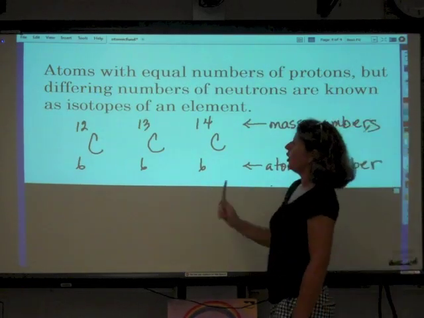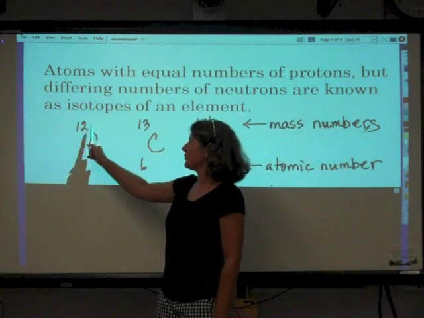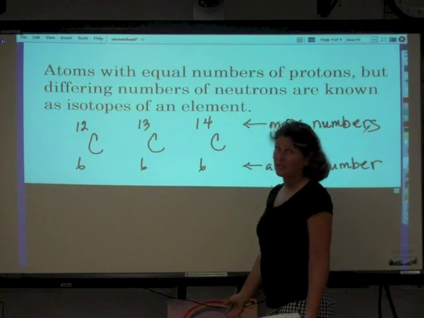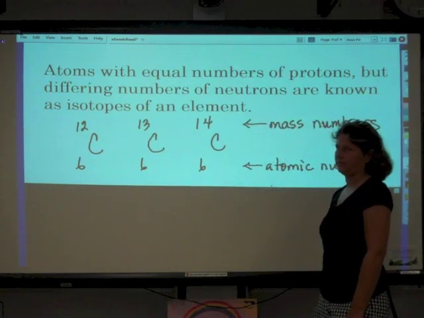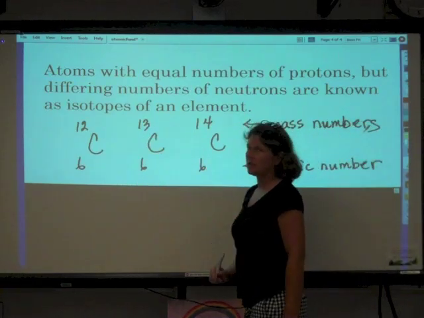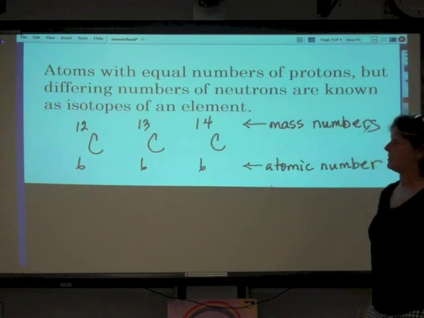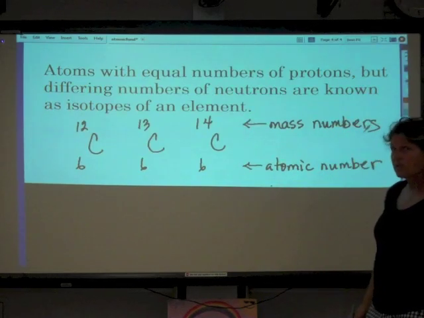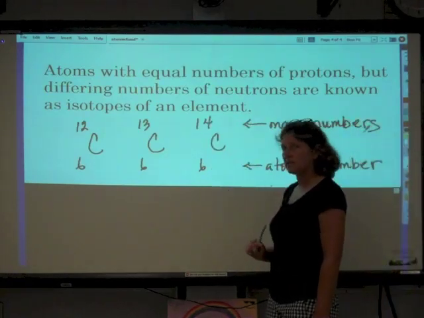Okay, so carbon 12, if we subtract 6 from 12, that leaves us 6. So carbon 12 has 6 neutrons. Carbon 13, 13 minus 6, carbon 13 has 7 neutrons and 6 protons and 6 electrons. And carbon 14, 14 minus 6 is 8.